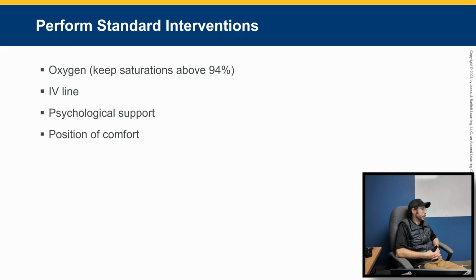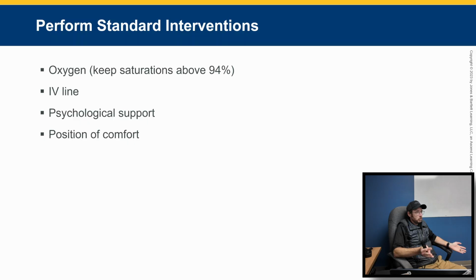Otherwise, we don't want to see 100 because we don't know how much above 100 they're getting in their arterial concentration, as we have no way to measure that. We know that if it's below 100, we can safely assume that their arterial concentration is somewhere within 10 millimeters of mercury, either direction of that.